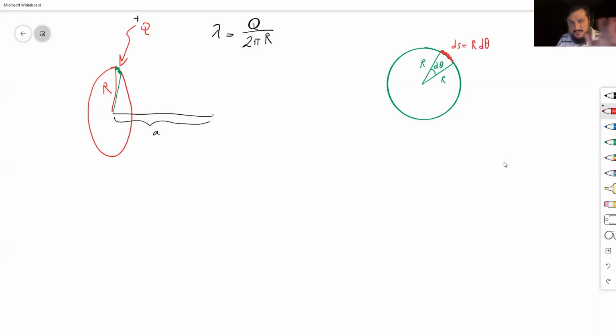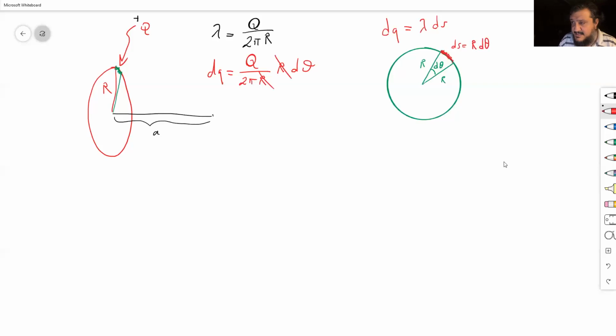I mean, you know this from circular motion. If the total charge Q is uniformly distributed along the circle, then the charge that corresponds to this, which I'm going to call dq, will be equal to that density, lambda, times the length. So dq will be the charge density Q over 2 pi r times r d theta. The r's cancel. So that's dq.